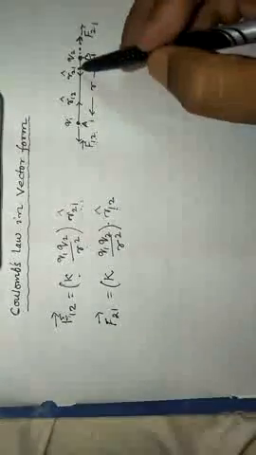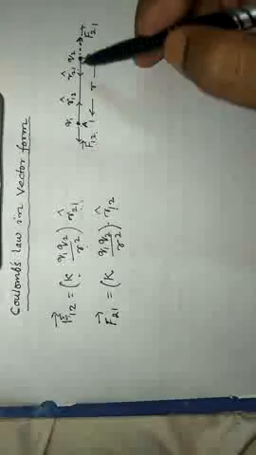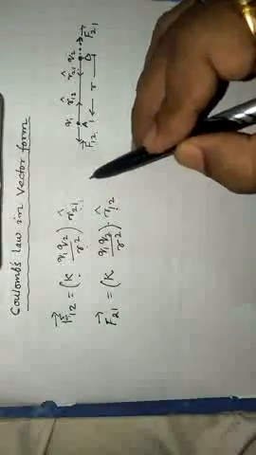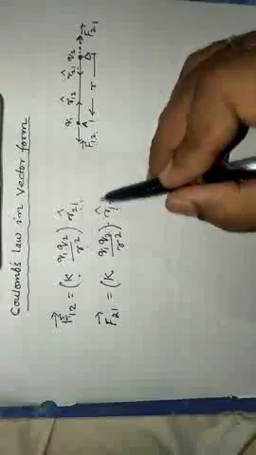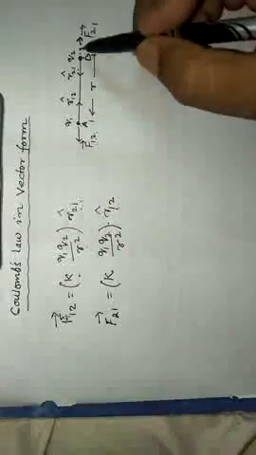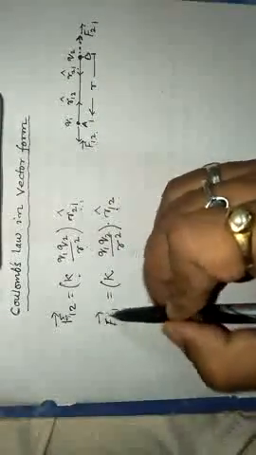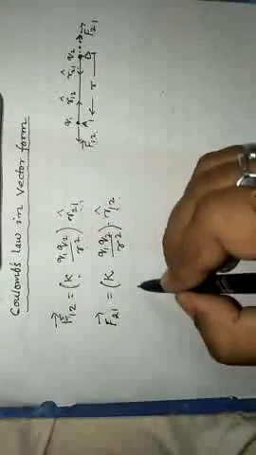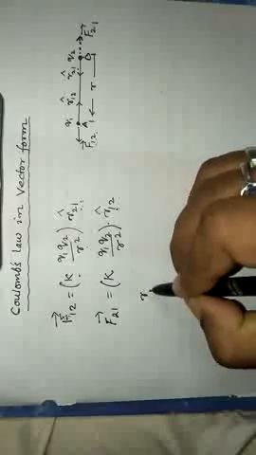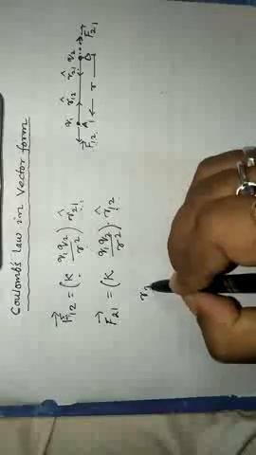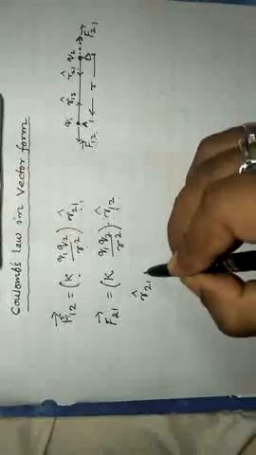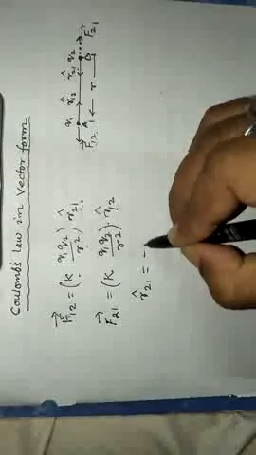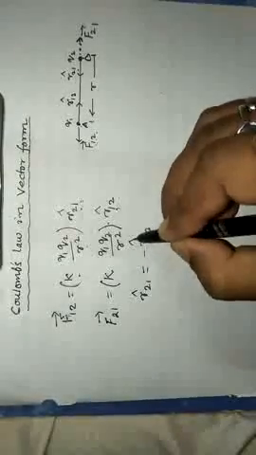R21 cap is along BA and R12 cap is along AB. So these are the two forces acting on charge q1 and q2. Now from the figure it is clear that the unit vector R21 cap is equal to minus of R12 cap.